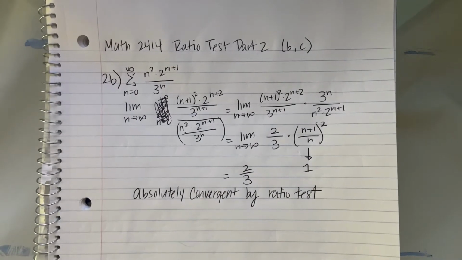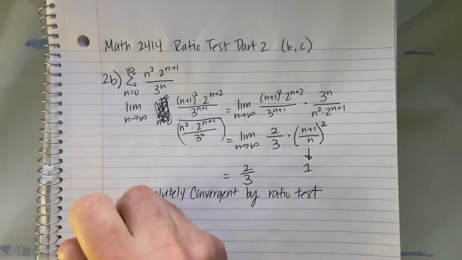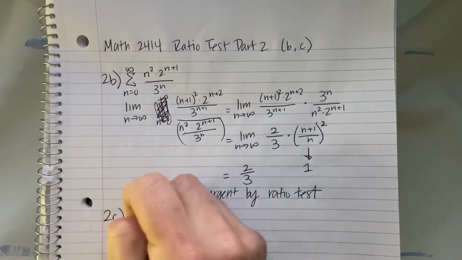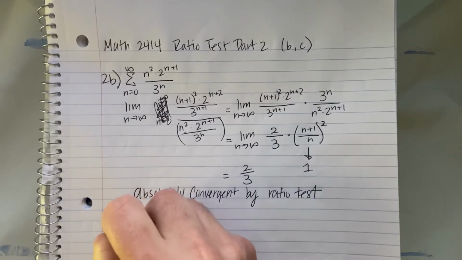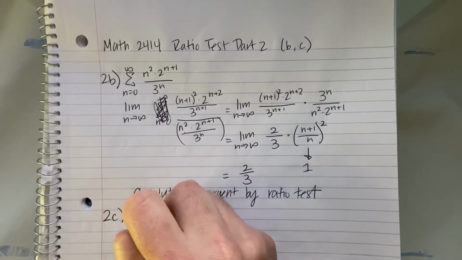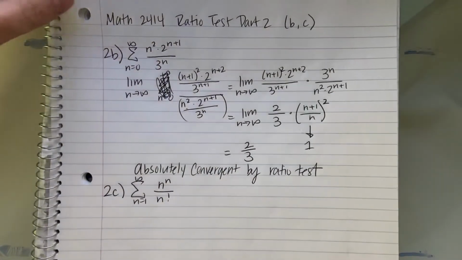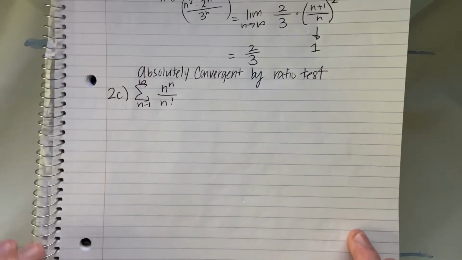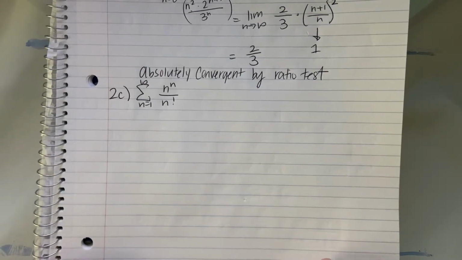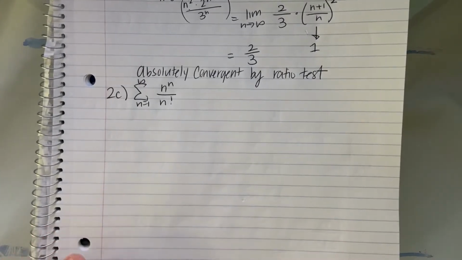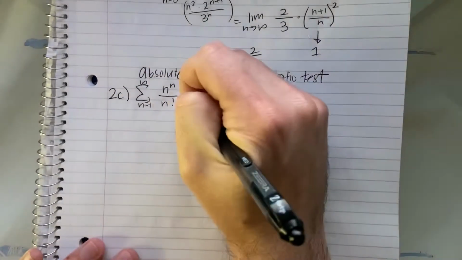Let's look at C, which is the sum from n equals 1 to infinity of n to the n over n factorial. This one is a little harder because it requires you to have some understanding of some of these equations.